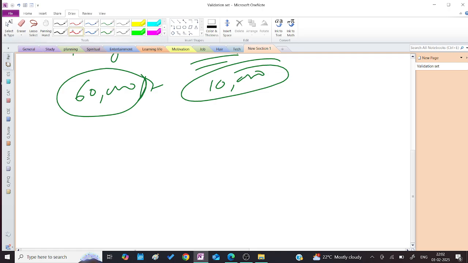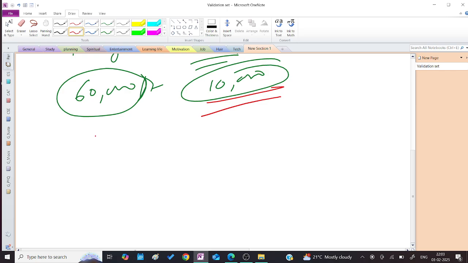But for setting the complexity of the model, since the test set is not available during training time, how will we guess whether our model is performing better or not?